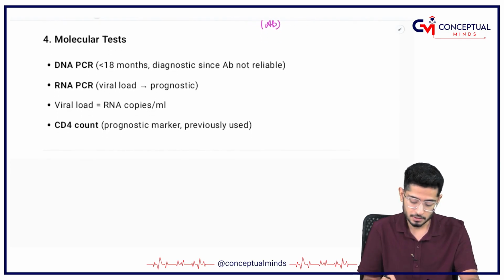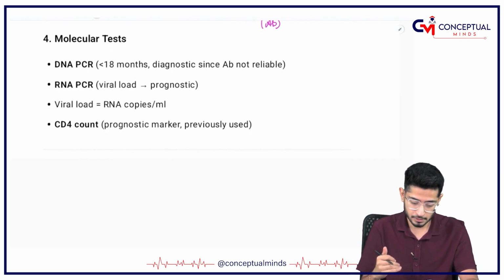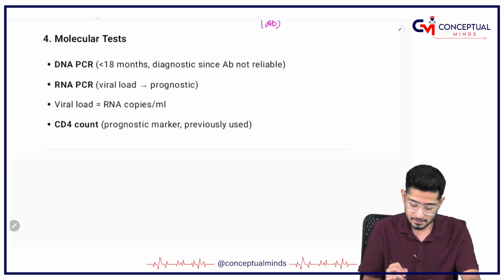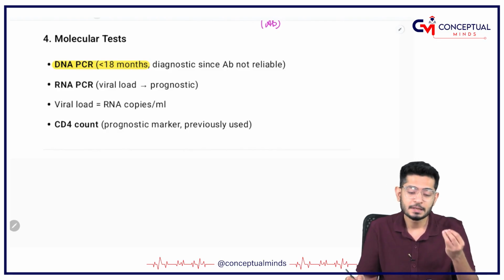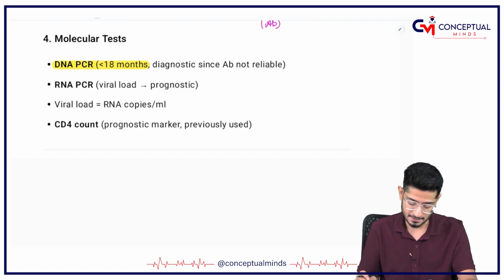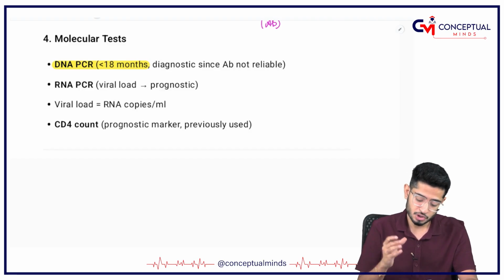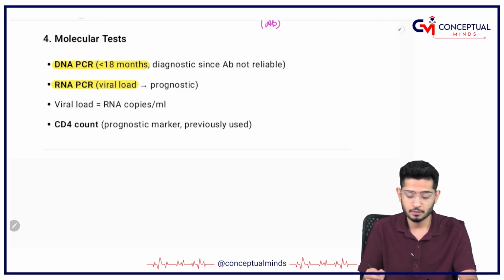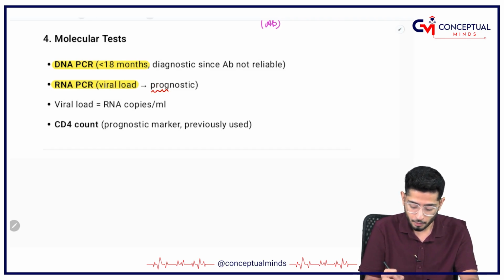I'll discuss with you what is triple test strategy, but before that let us understand the other molecular tests. So for example, the baby is less than 18 months old. So in a less than 18 months old baby, we use DNA PCR, okay? But in order to check the viral load, we use the RNA PCR. Why do we check the viral load? To check for the prognosis.